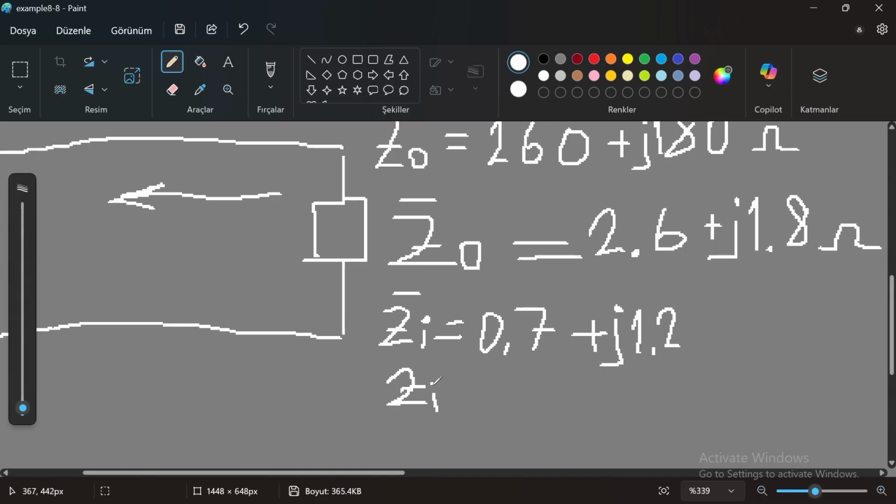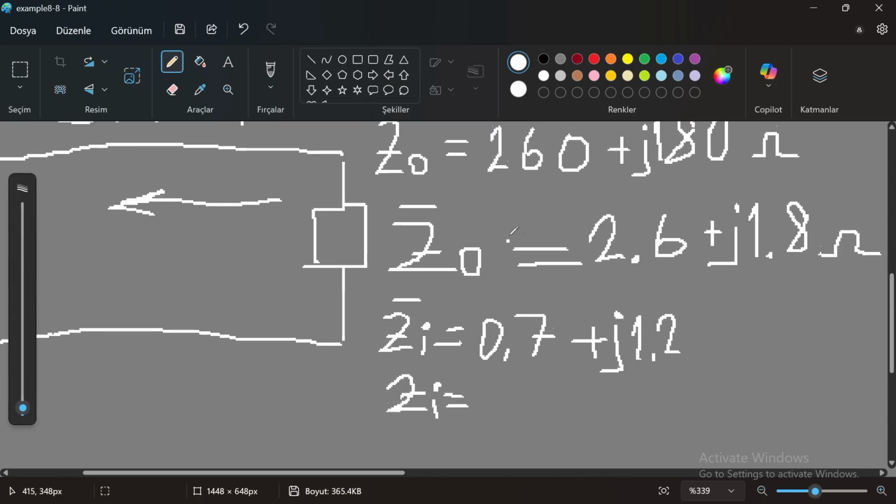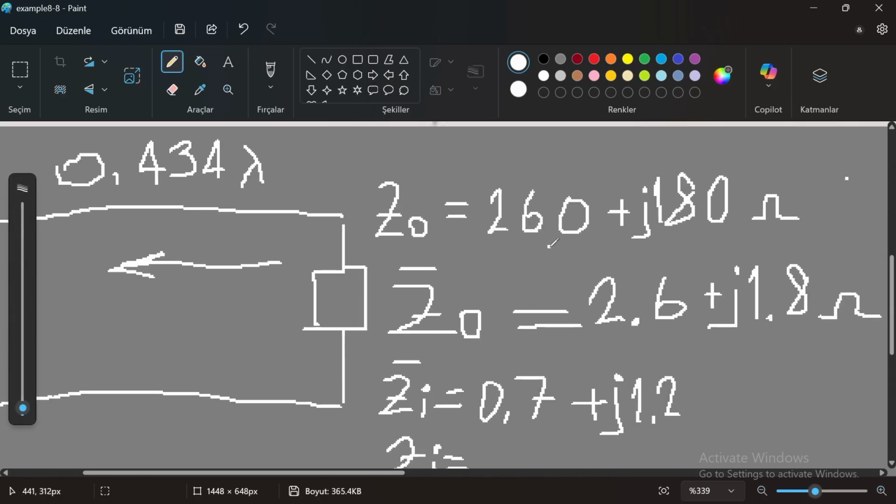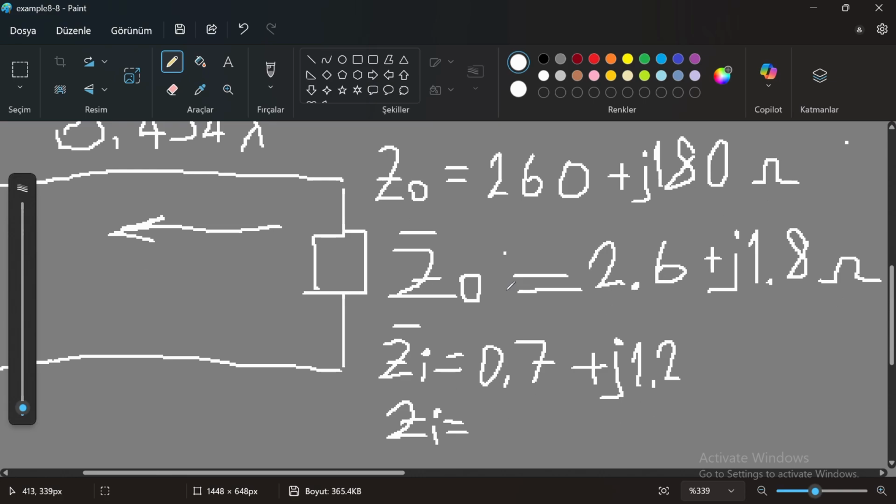What about the input impedance directly, not normalized? For that we need to multiply by Ro. Here we divided, but now we are doing the reverse. So we need to multiply this value by Ro, which is 100.